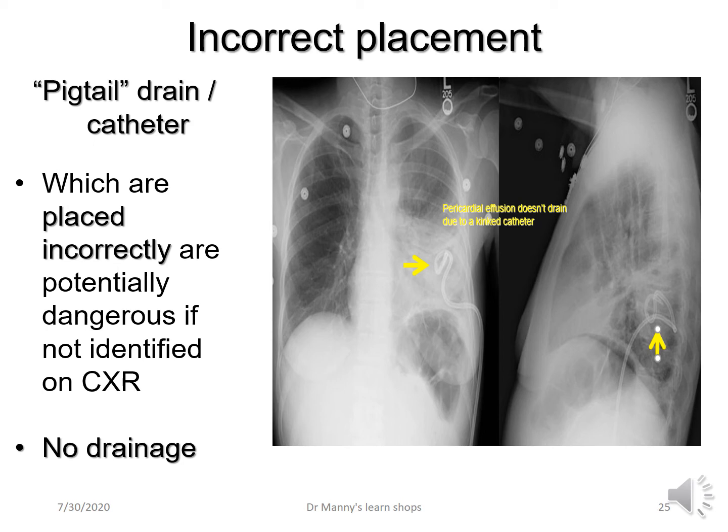The chest X-ray that you're looking at here, again see, lateral chest X-ray, confirms something that we probably already know from the AP film. The pericardial effusion doesn't drain because the catheter appears to be kinked, which is verified both on AP and on lateral.